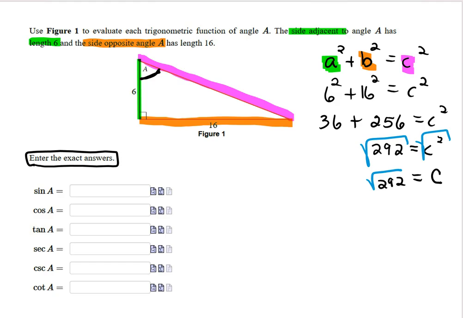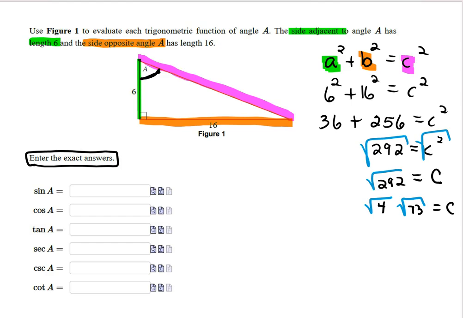Now, 292 is not a perfect square, so I have to start looking for factors of 292 that are perfect squares. The smallest perfect square is the number 4, and 4 is a factor of 292 73 times. 73 cannot be simplified any further.